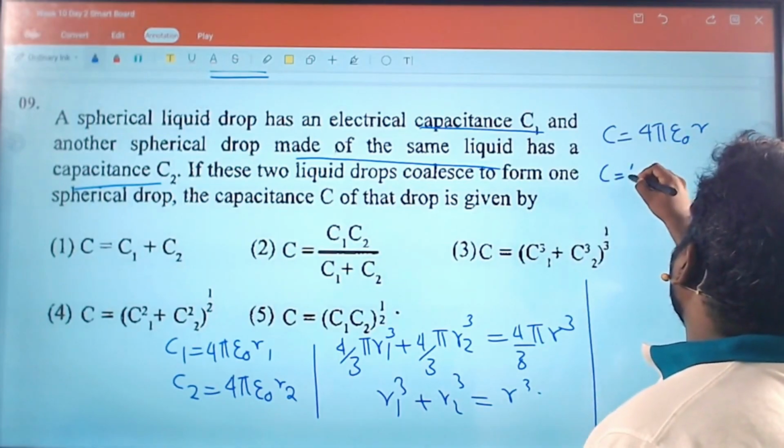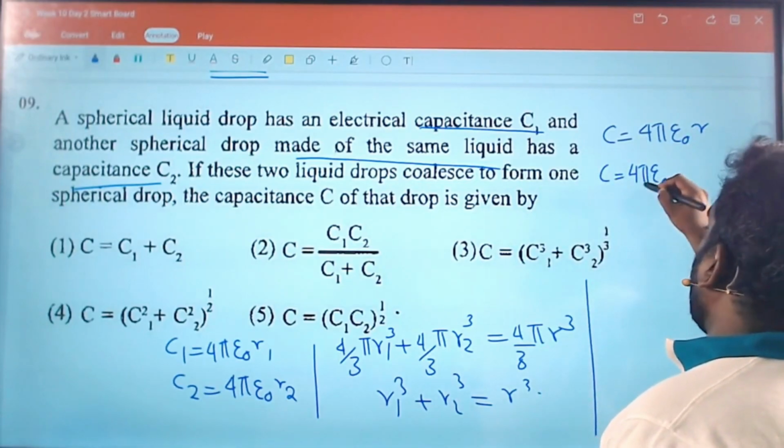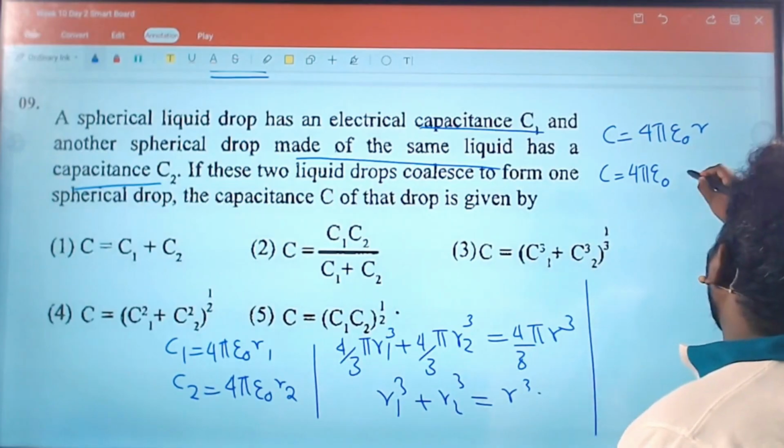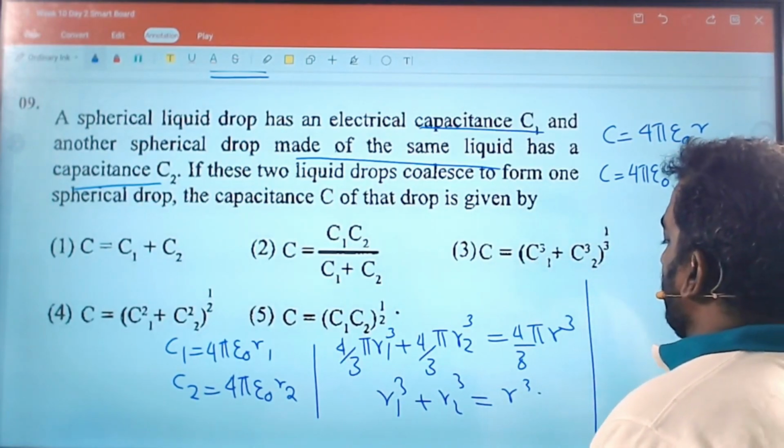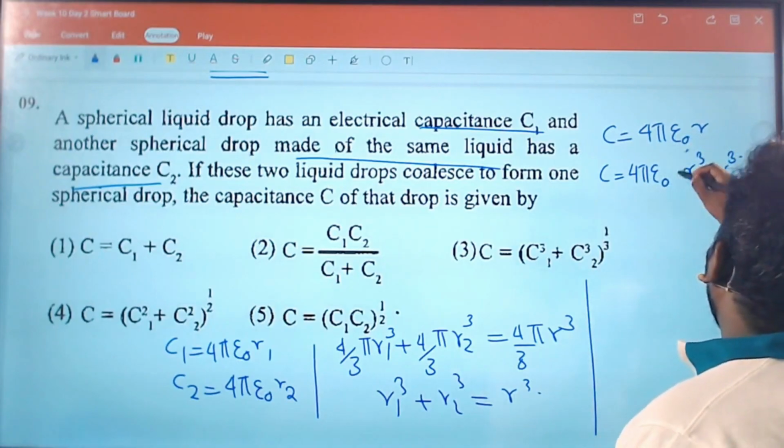Here C is equal to 4 pi epsilon naught R, where R means R1 cube plus R2 cube, whole thing cube root.